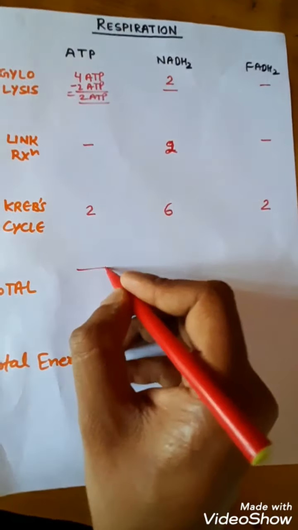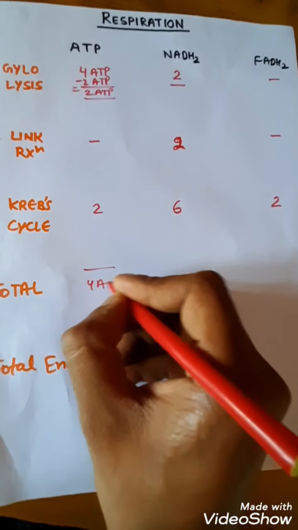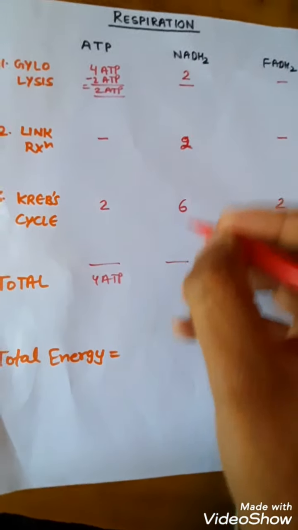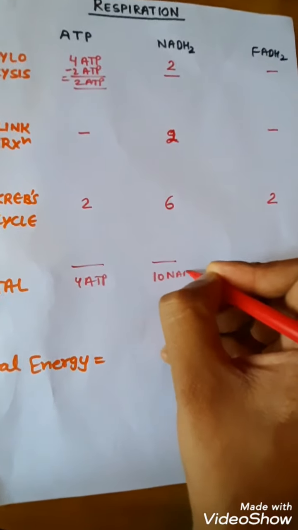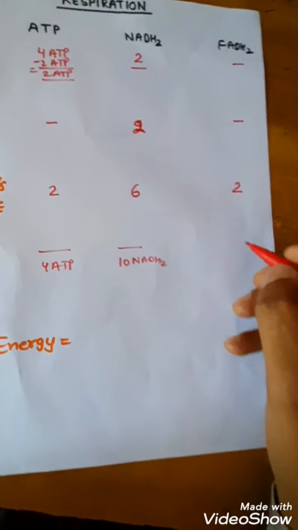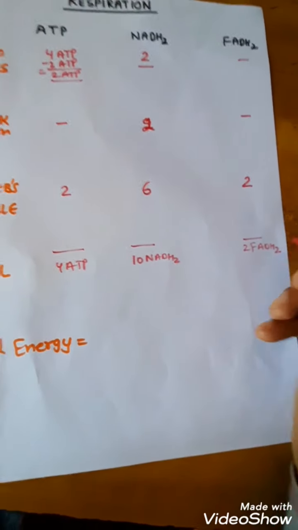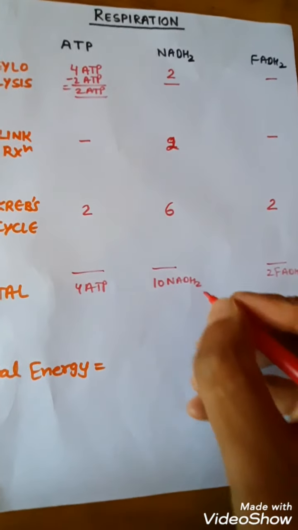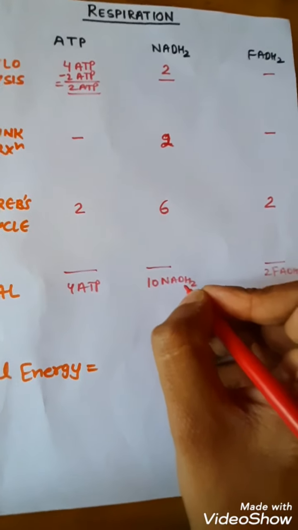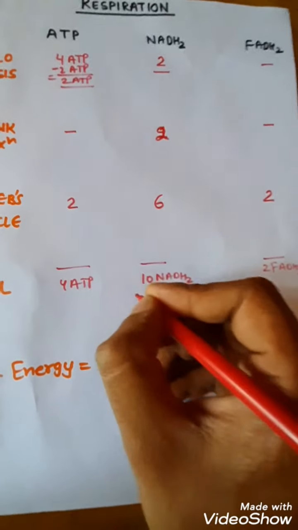So if we total them, a total of 4 ATP, 10 NADH2 and 2 FADH2 are produced. As we know, after the oxidative phosphorylation, 1 NADH2 is equal to approximately 3.3 ATPs.